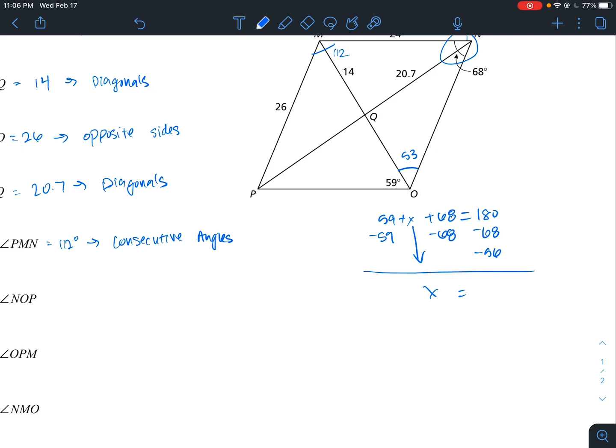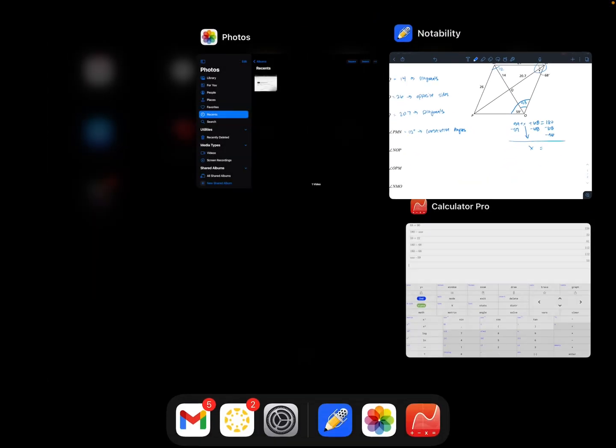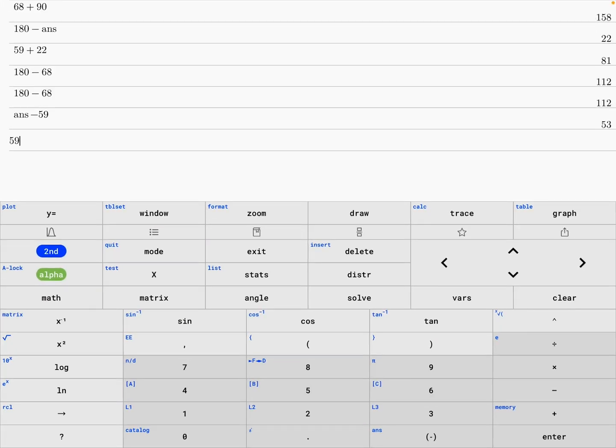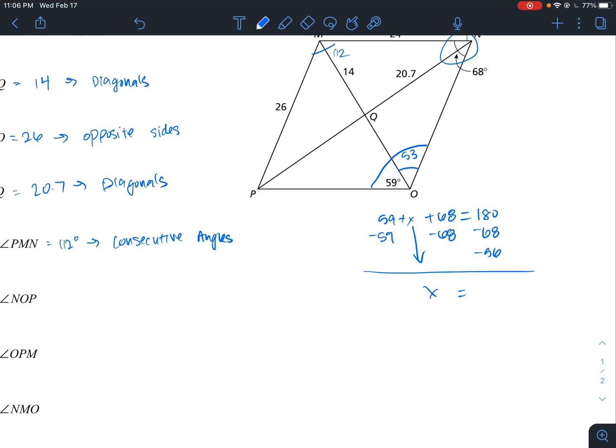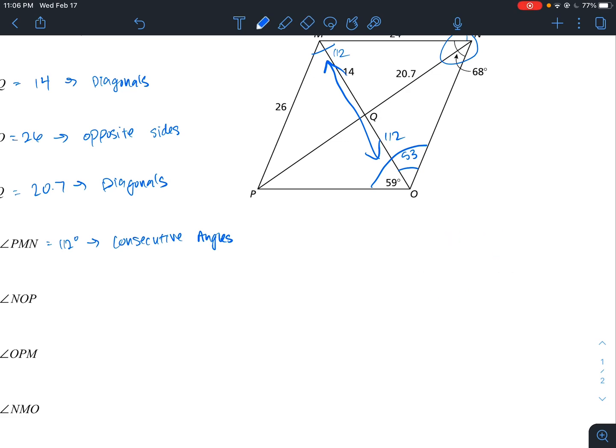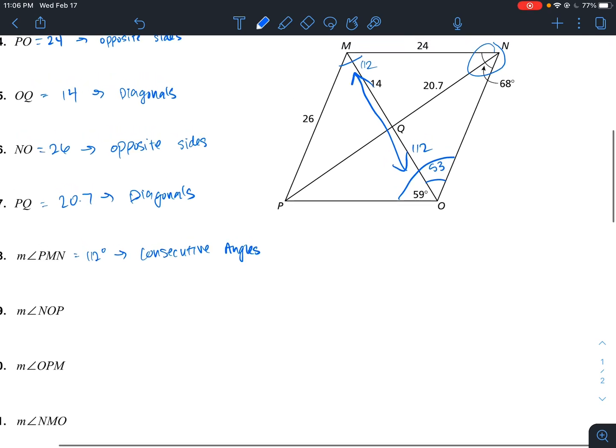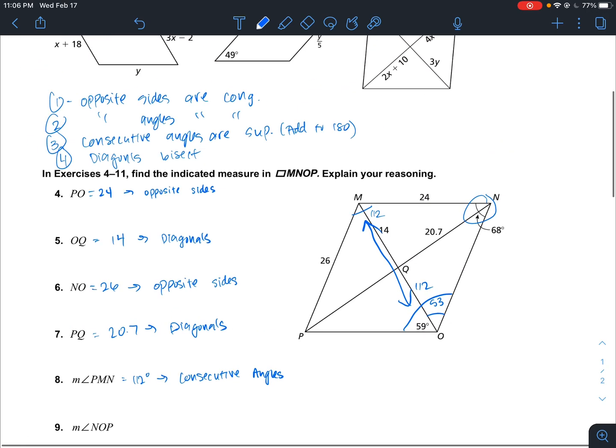Now I want to find the total sum of this measure right here, so 59 plus 53 is 112. Now again, we already knew that because we also know that these are congruent angles. I just wanted to make sure that we understand both of them, okay? So you can use either theorem. The easiest one though would be to just say that opposite angles are congruent.